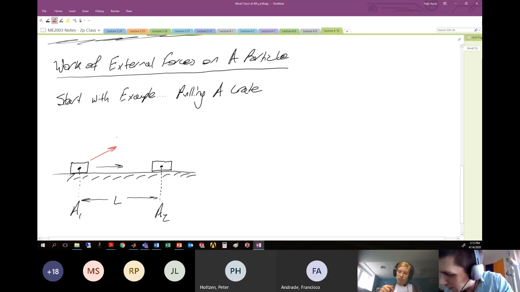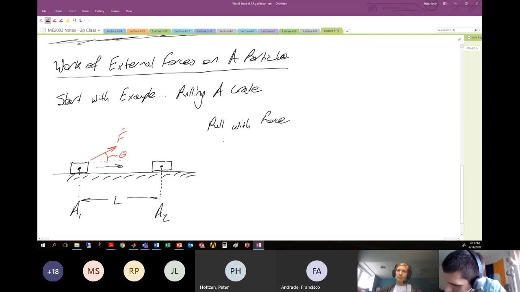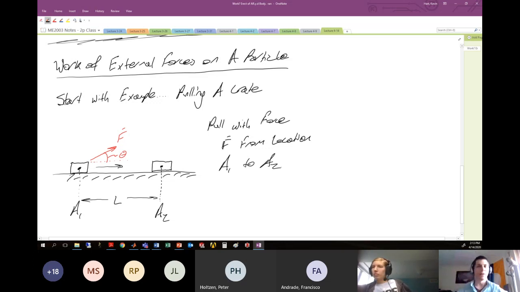We give the force as F, and the angle with respect to the horizontal is theta. So we pull with force F from location A1 to A2.